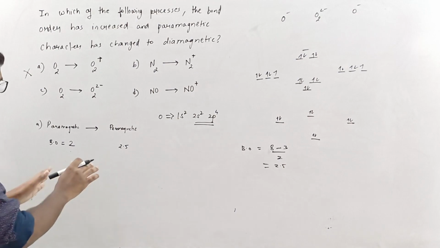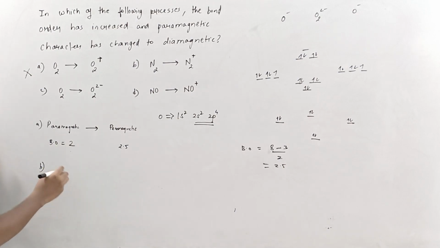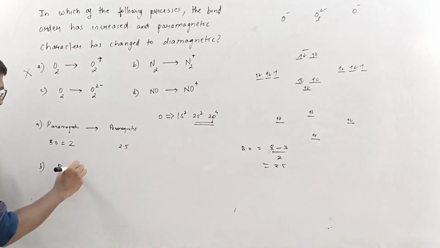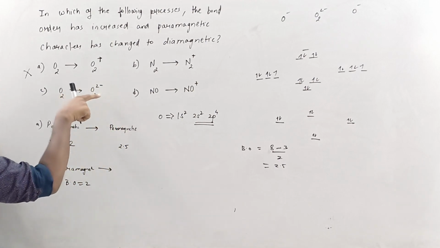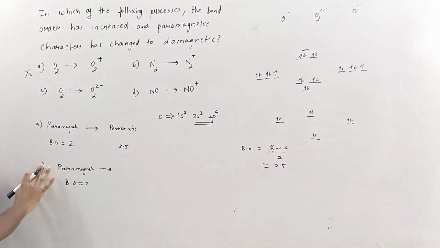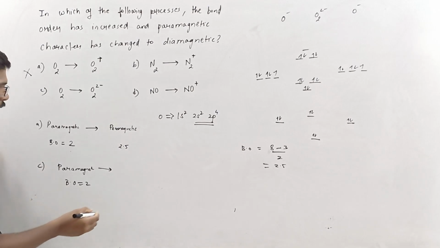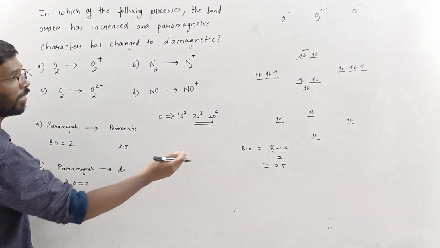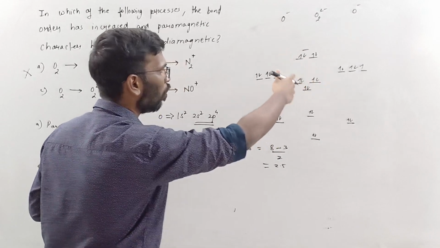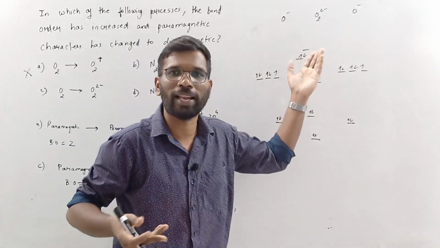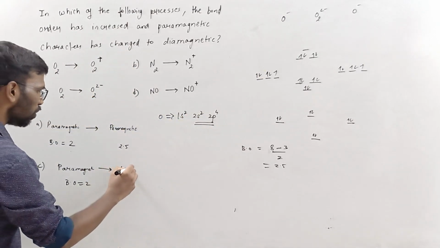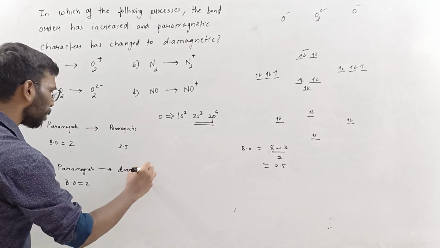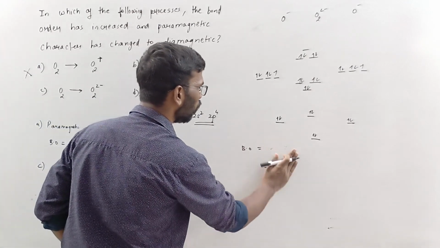So for this, for the option C, initially it was paramagnetic, right? Bond order initially was equal to 2. After addition of the electrons, it has changed to what? Diamagnetic. None of the electrons are unpaired, all the electrons are paired over here, right? So it has changed to diamagnetic. What will be the bond order?